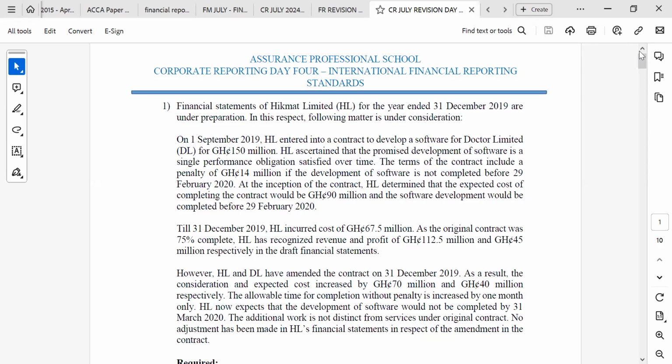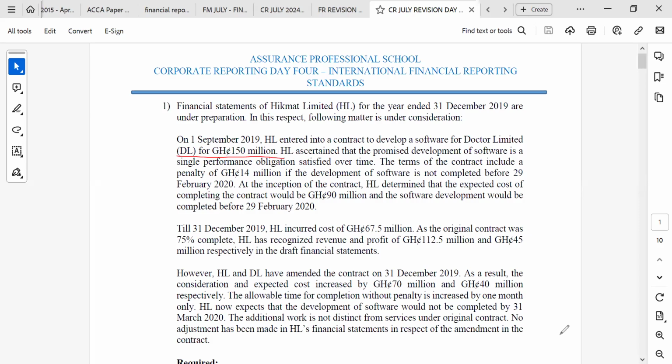So they are certain that the work will be completed at 90. If the work will be completed at 90 and the value that we are charging for the contract is 150, what will be the profit from the contract? 60. Okay, the profit from the contract will be 60.